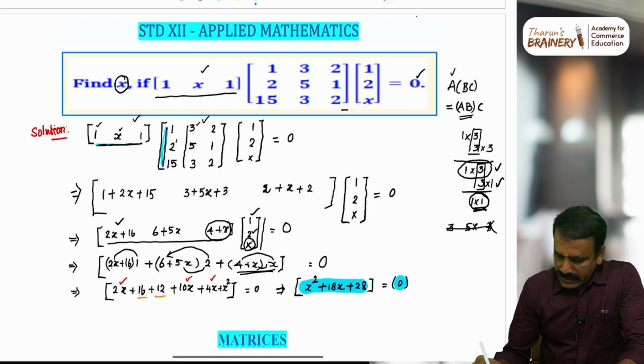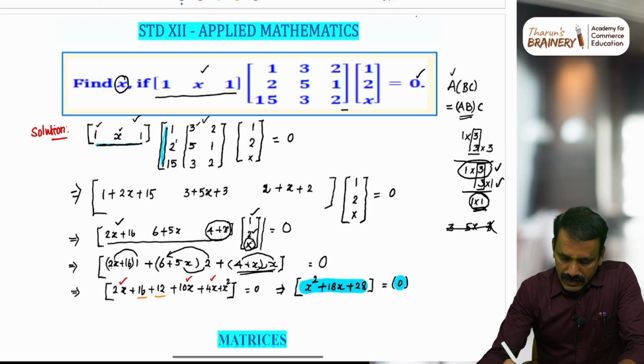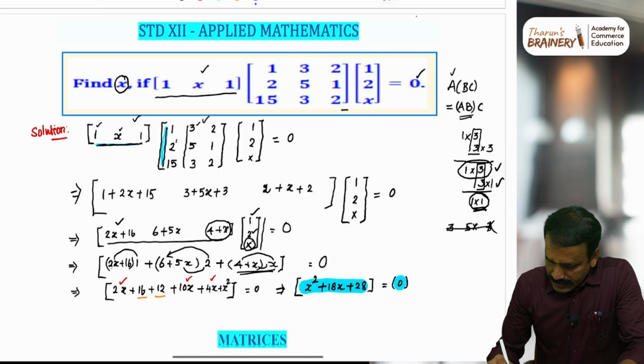So this element should be equated to this element. When you equate, what are you going to get? X square plus 16x plus 28 equal to 0.